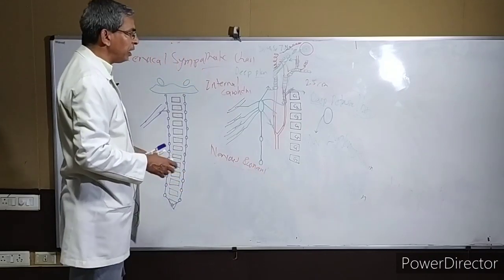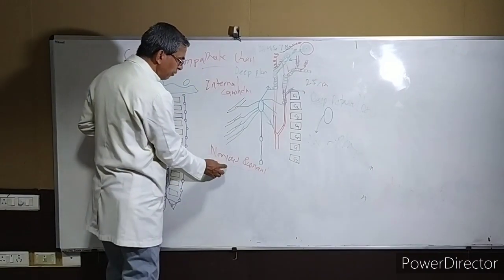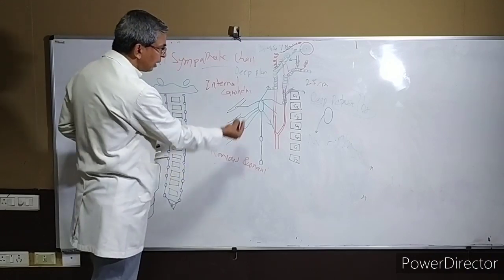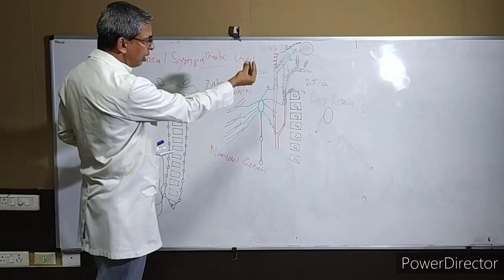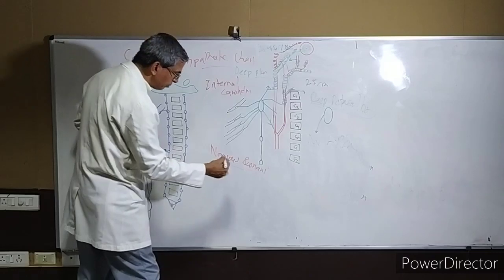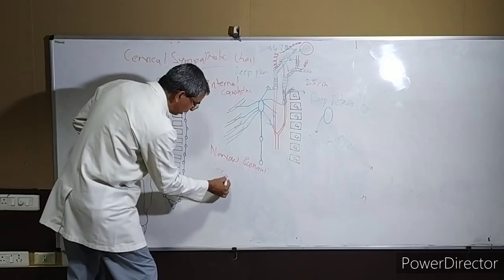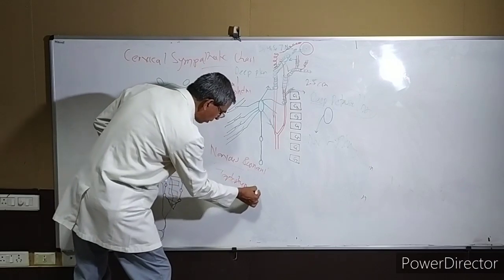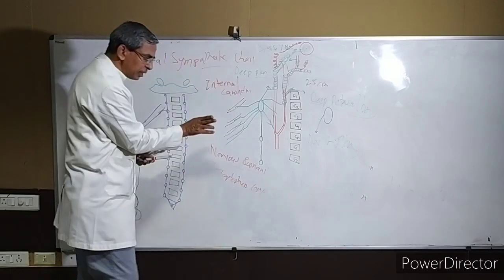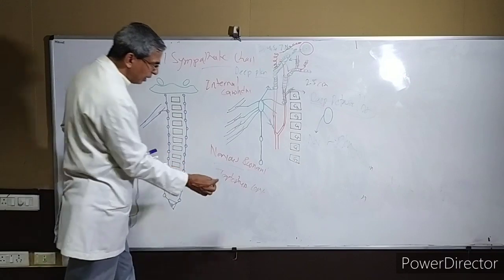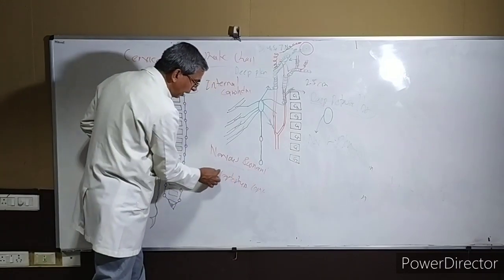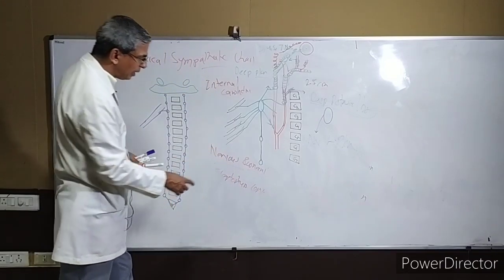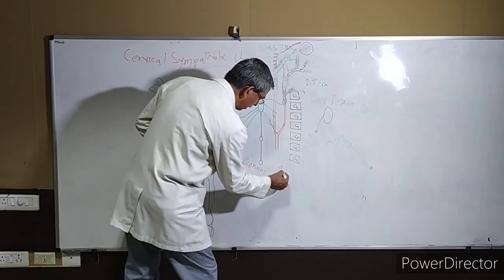This nervus conarii is a branch which passes through the internal carotid artery, ascends upward, and passes through the tentorium cerebelli, through the straight sinus. When the straight sinus passes posteriorly, through the roof of the tentorium cerebelli, this nervus conarii passes posteriorly and supplies the pineal gland.